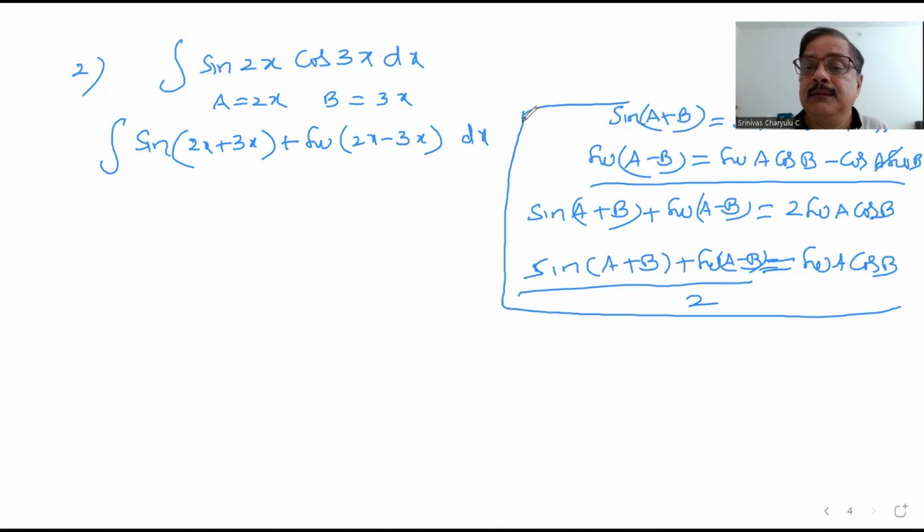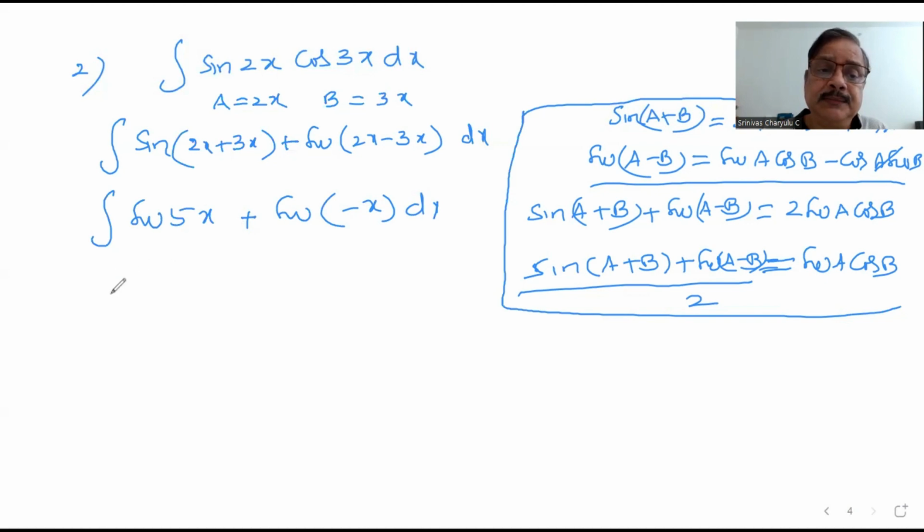This is the working actually. Then here sin 5x, and 2x minus 3x will become sin of minus x. Sin of minus x means minus sin x.